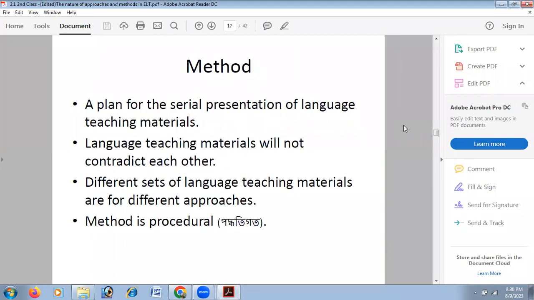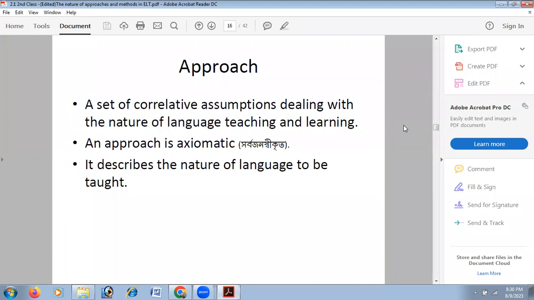In which way? If we go to assumption, we think that children learn language without learning grammar.